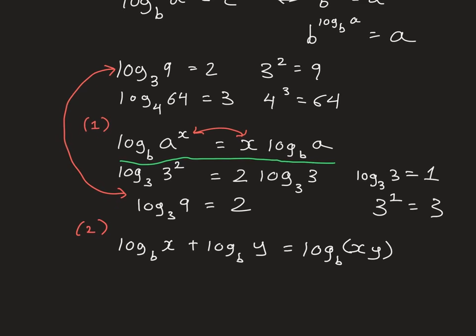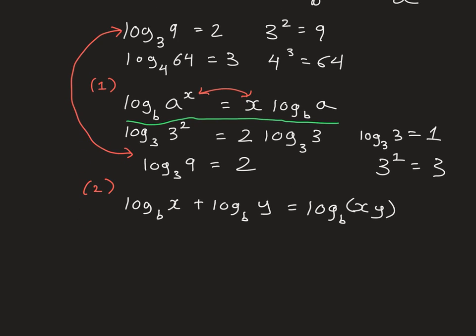So again, it's good to look at an example. Log base 3 of 3 plus log base 3 of 9 equals log base 3 of 27, which is 3 times 9.